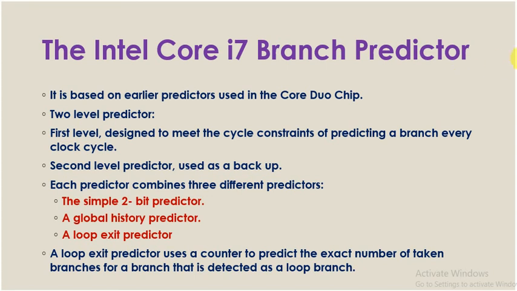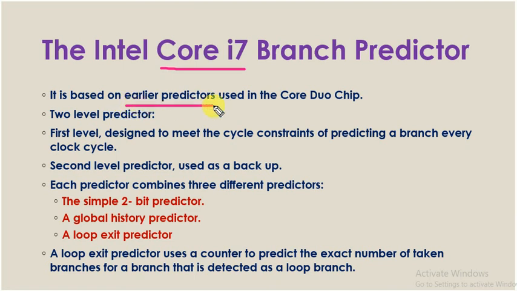Now we will look at one specific processor, the Intel Core i7 processor, and give some explanation of the branch predictor that is used in it. Here it is based on earlier predictors used in the Core Duo chip.